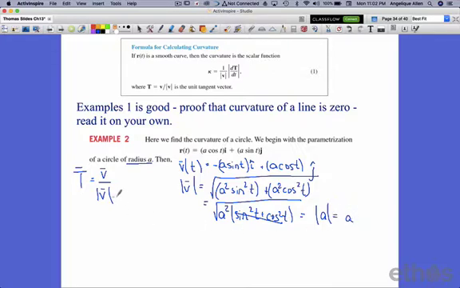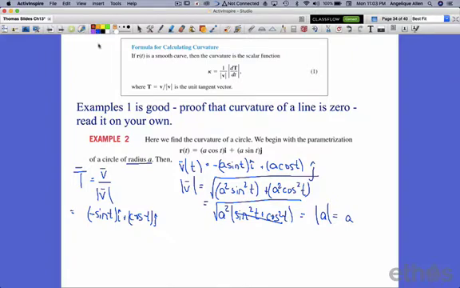Okay, so we're going to take our velocity vector, divide the a's out, and we're going to end up with negative sine t i plus cosine t j. All right, so there is our T vector, and now we need to install it into this formula for curvature.